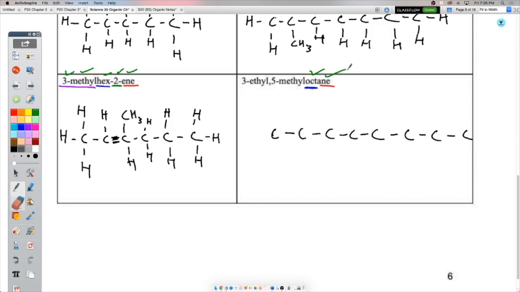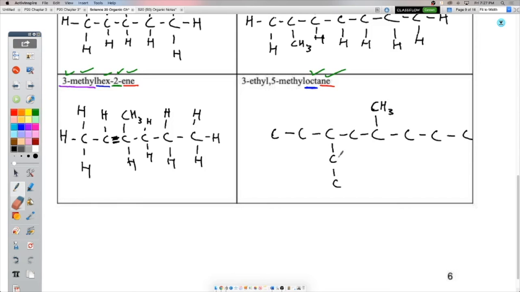Okay, what's left? 3-ethyl-5-methyl. So let's do the methyl first. Okay, on the 5th carbon, there is going to be a methyl group. 1, 2, 3, 4, 5. So a methyl group, meth means 1. So this branch is going to have 1 carbon, CH3. Okay, 3-ethyl, that means on the 3rd one, we're going to have a branch that contains 2 carbons. So what does that look like? Well, 1, 2.